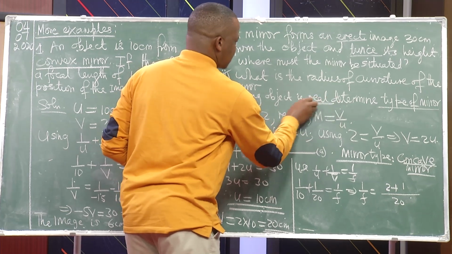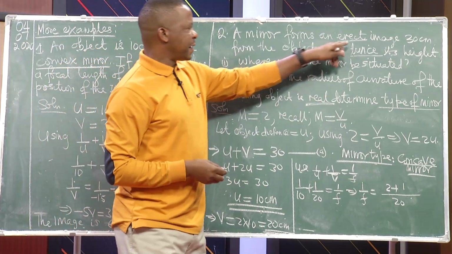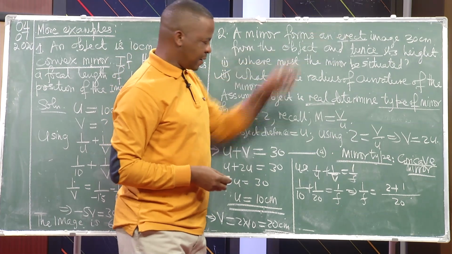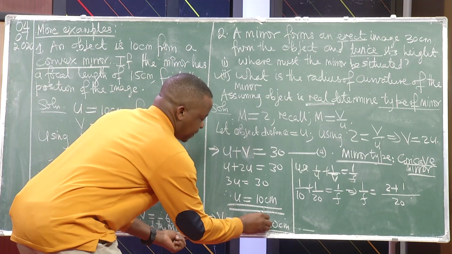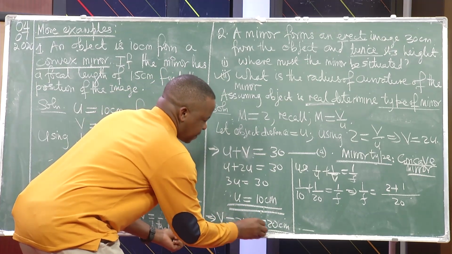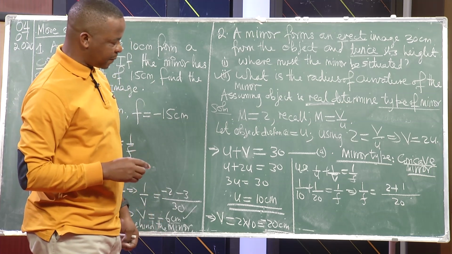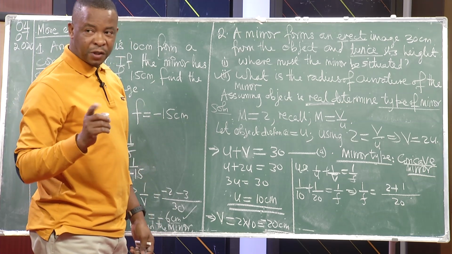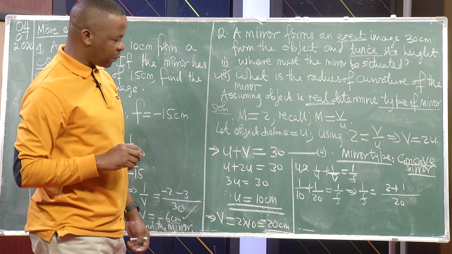They are telling us this. If the object is real and the image is magnified, then this image must be negative. This is the situation for the candidates that are following, where the object must be between the principal focus and the pole for this mirror.